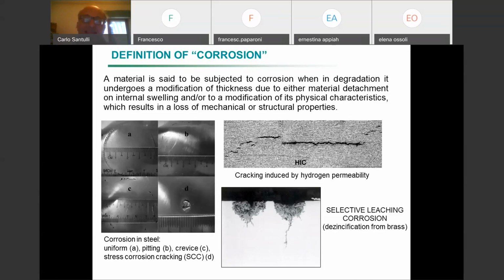What happens in reality with corrosion is that you have a detachment. You lose some material, or you can have a swelling of the material.